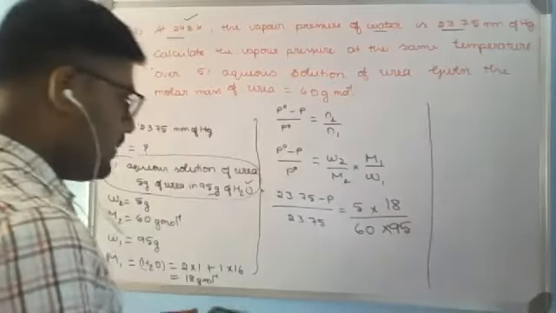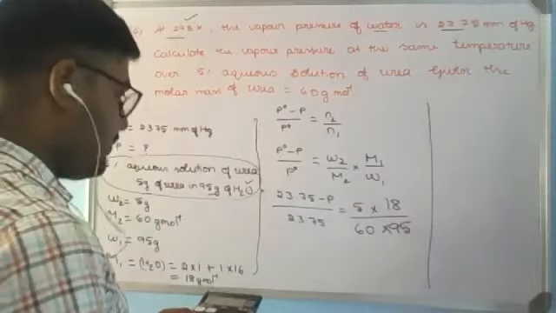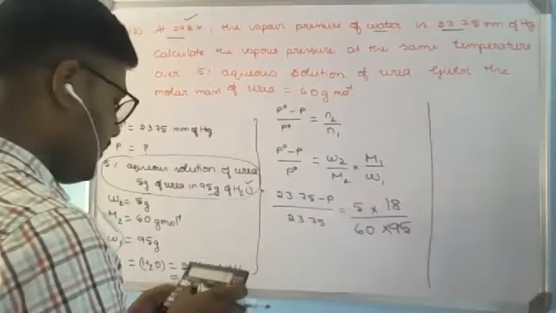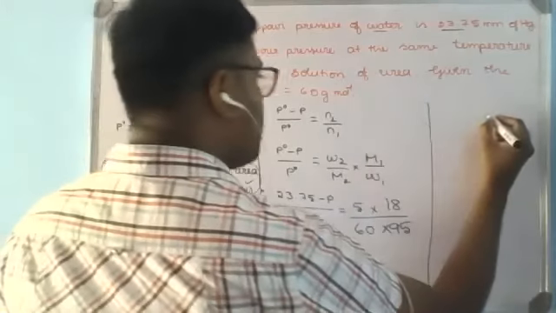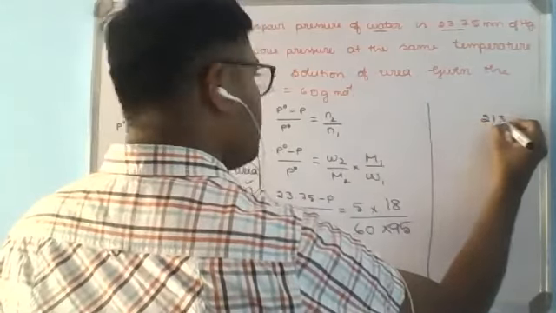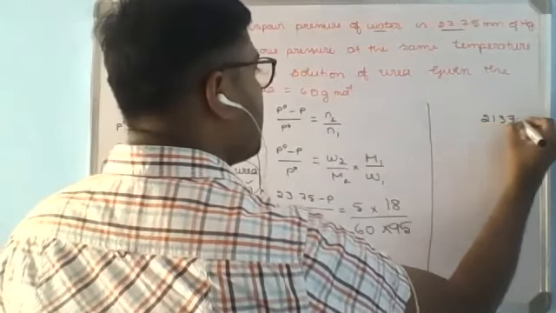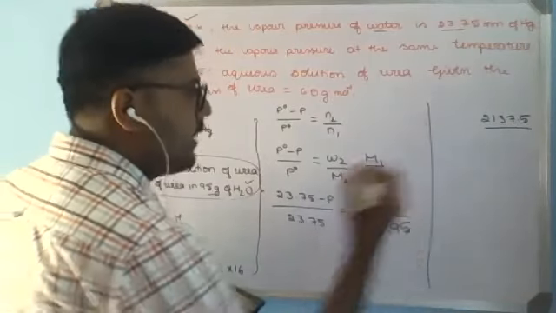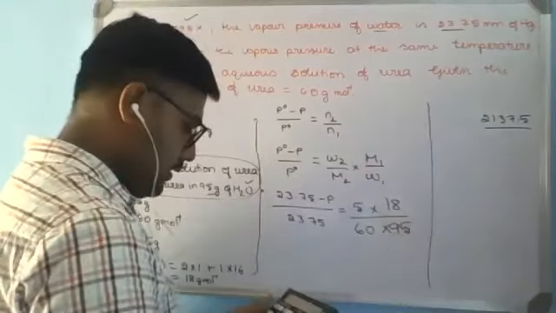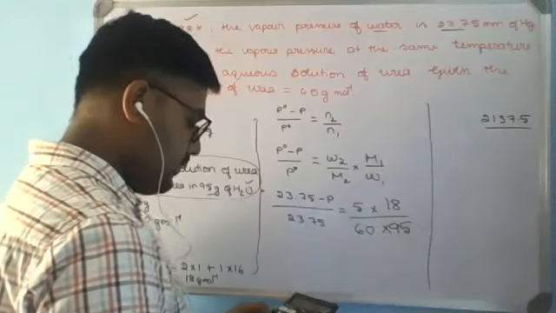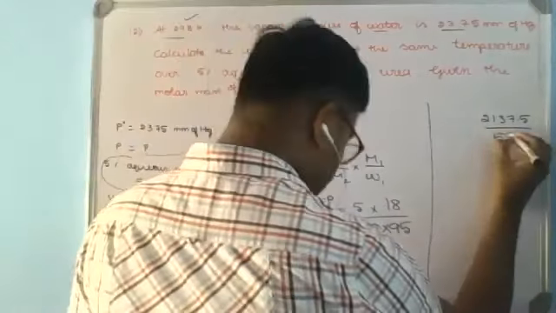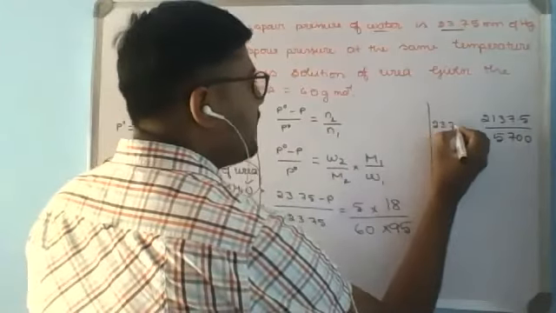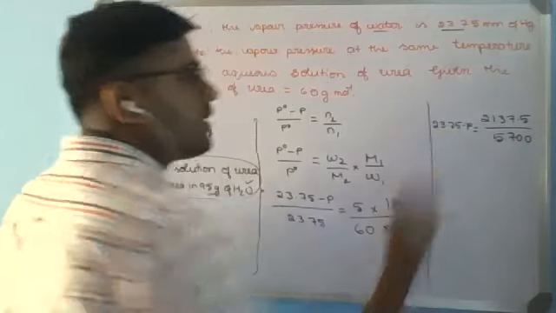First we'll multiply 23.75 into 5 into 18, that is 2137.5. We multiplied 23.75 into 5 into 18, divided by 60 into 95, which is 5700, and the remaining is 23.75 minus P is equal to this value.